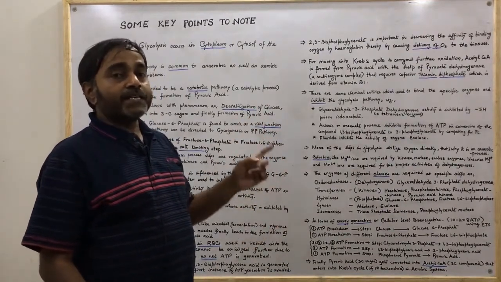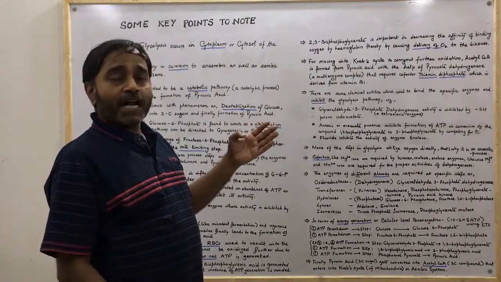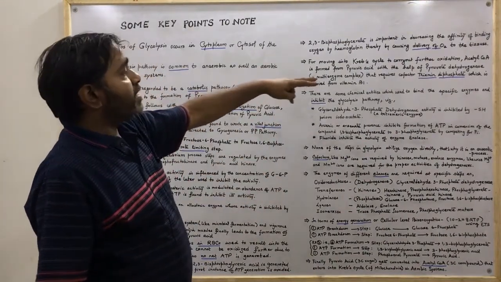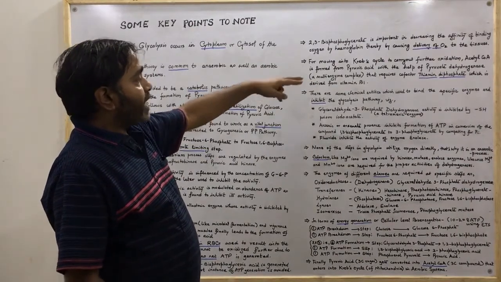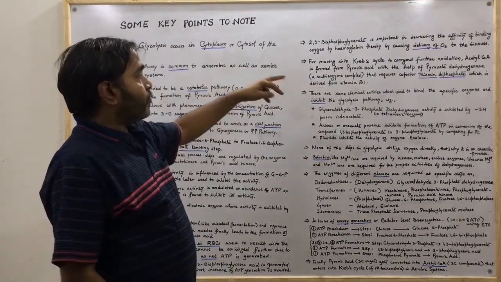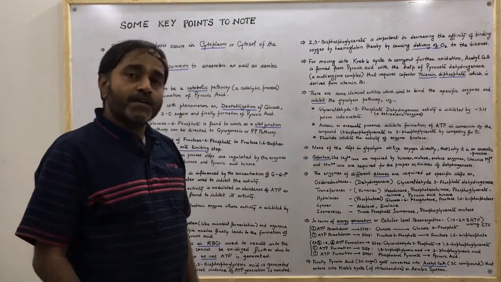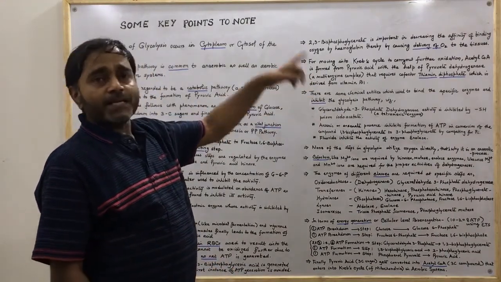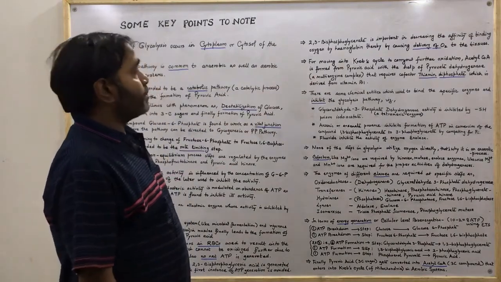Likewise, FAD contains the group flavin, which is derived from vitamin B2, that is riboflavin. Here the thiamine vitamin is important, and it serves as a cofactor for the enzyme pyruvate dehydrogenase. And in what form is it present? As thiamine diphosphate. So it should be remembered.